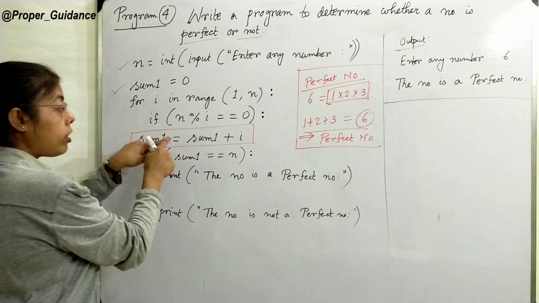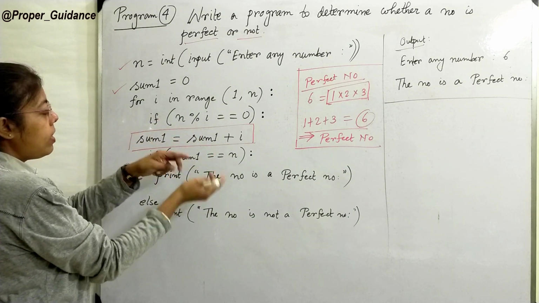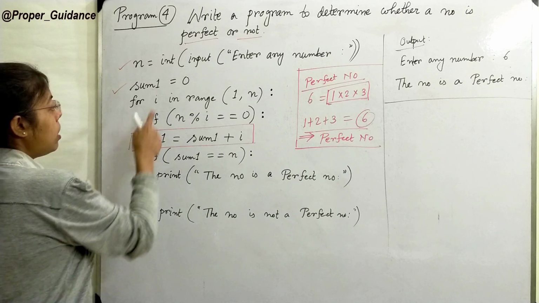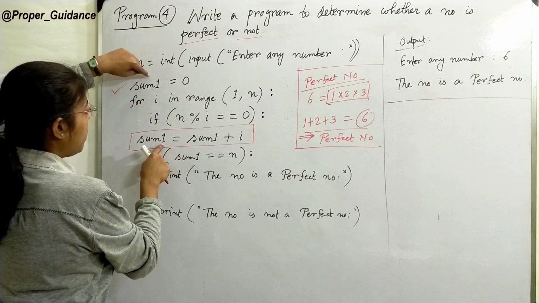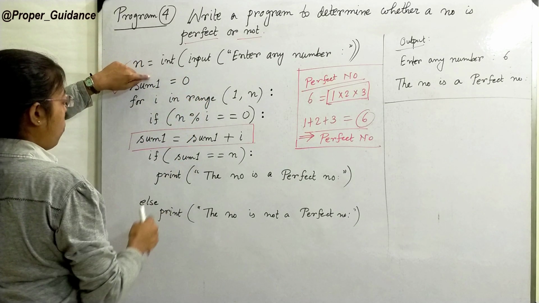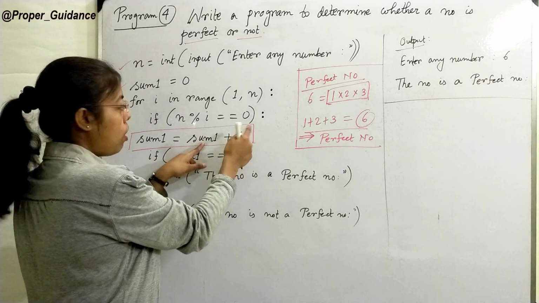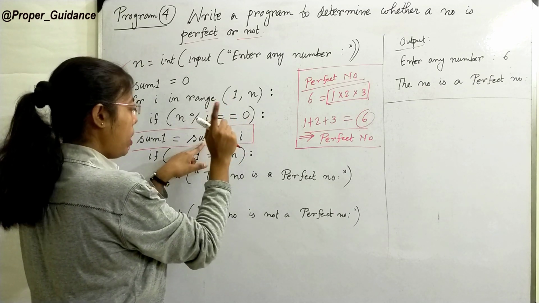This is not an equal symbol, this is an assignment sign. If we get the modulus value 0, then we assign to sum1: this value initialized as 0, plus the value of i for which the modulus value is 0.